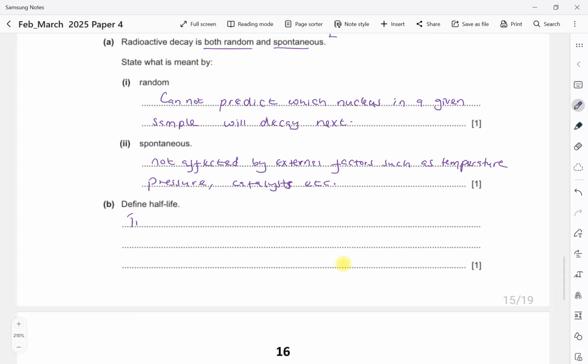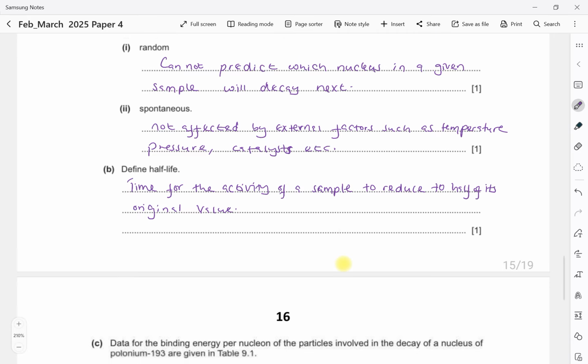So time for the activity of a sample to reduce to half of its original value is what we call half-life.